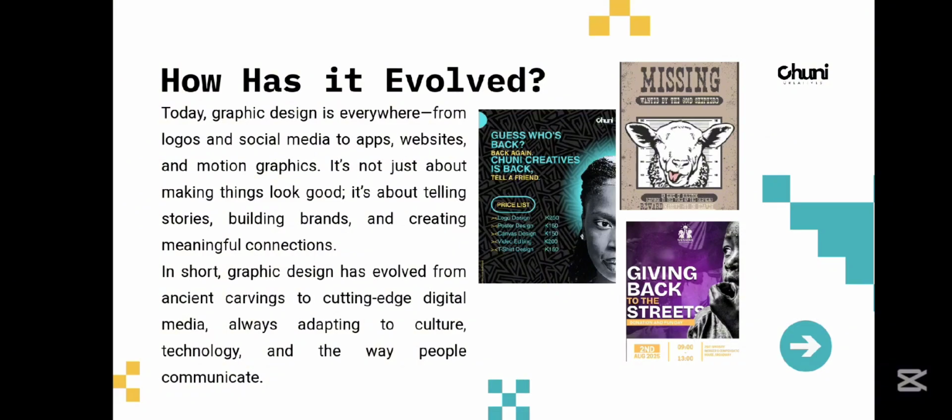So, yeah, you've seen how the trend has been, right? It's been moving with the advent of technology, the advent of culture. So we have reached a point where everything is at your fingertips. That thing you hold in your phone every day scrolling, all those things you see is graphic design. So it has come a long way, and we cannot even know how far it can go with these new ideas on the market, such as AI and all those things.